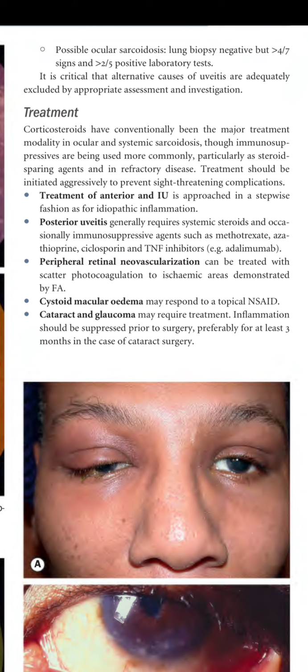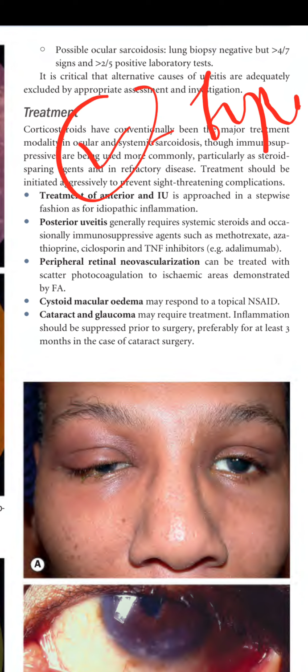Treatment of anterior uveitis and intermediate uveitis is approached in a stepwise fashion as for idiopathic inflammation. Posterior uveitis generally requires systemic steroids and occasionally immunosuppressive agents such as methotrexate, azathioprine, cyclosporine, and TNF inhibitors, for example, adalimumab. So for anterior, you can give topical steroids, and for posterior, you give the systemic steroids and systemic medications.